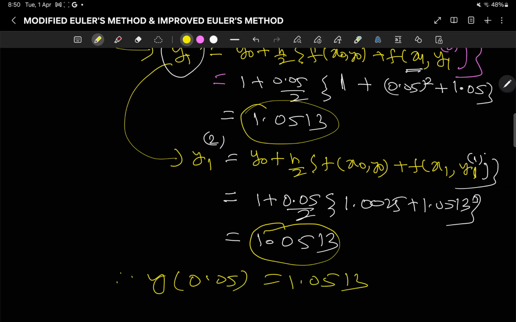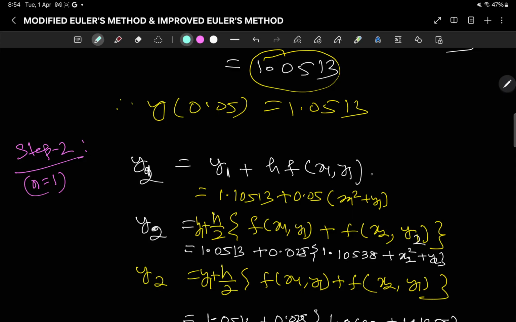Now at step 2, y2 will be this. The value of y1 is this much, we substitute it here, and I simplify to get 1.104 at the 0th step.